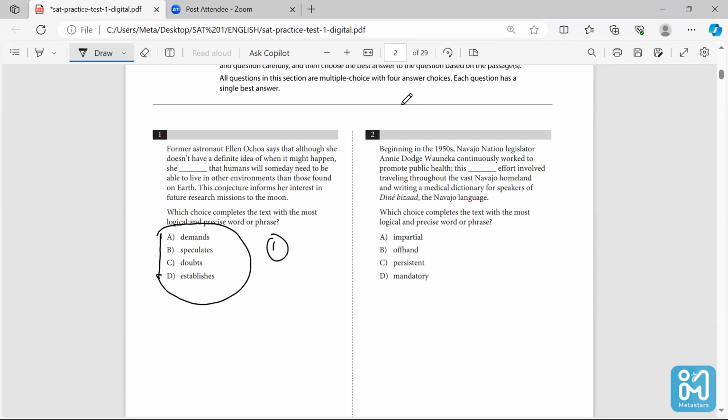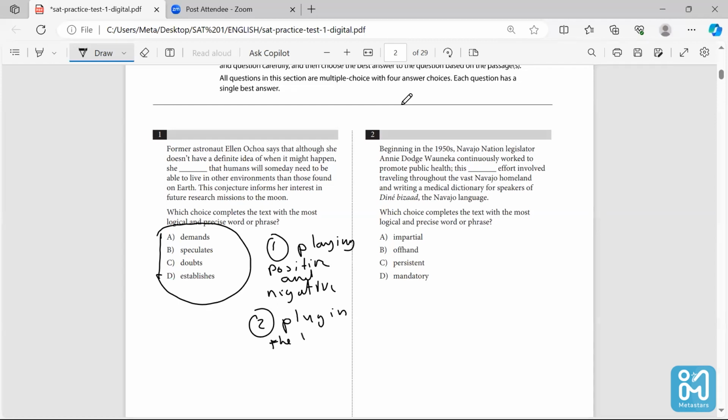First of all, we have playing positive and negative. And the second technique is plug in the words.